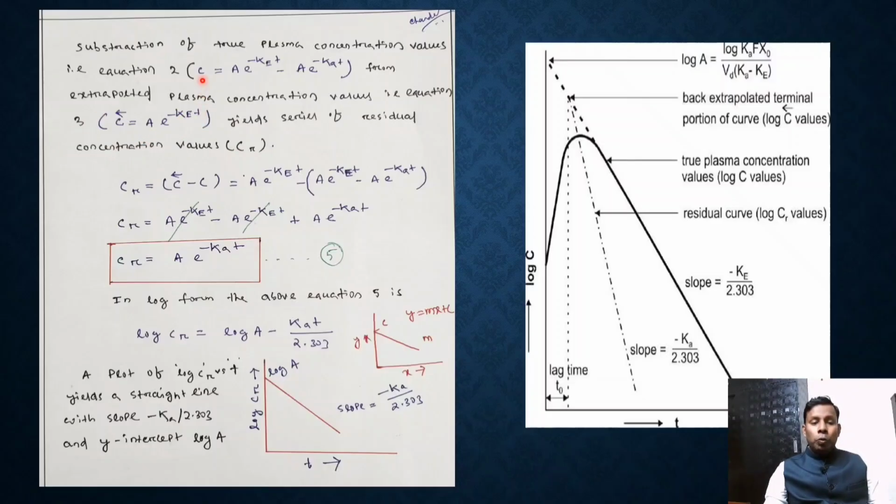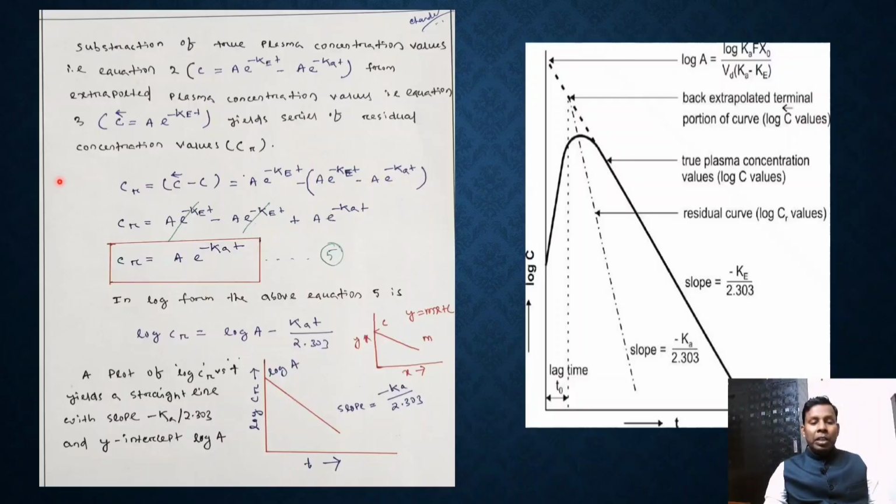So in place of C back we write A e to the power minus Ket, minus C, which is A e to the power minus Ket minus A e to the power minus Kat.